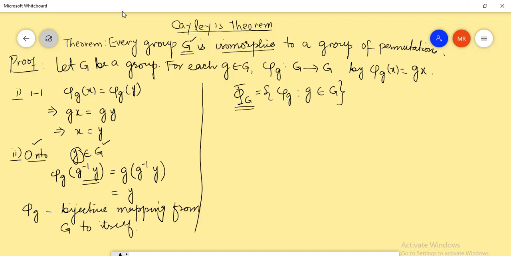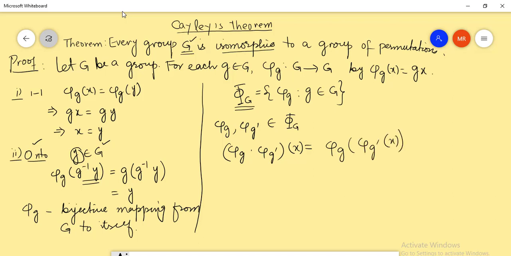So to prove that this is a group, we consider phi_g and phi_g' from this set, and we operate phi_g times phi_g' on x. Using the definition, we can write this as phi_g of phi_g' of x.